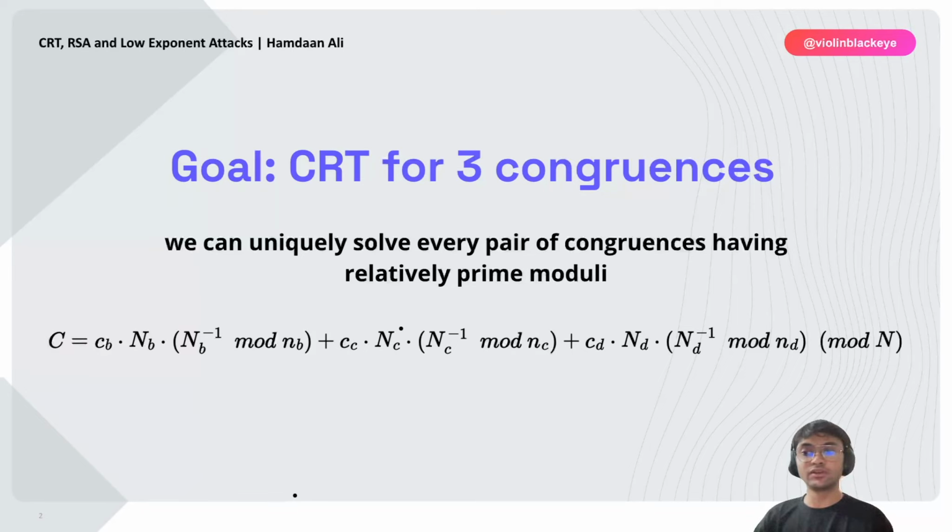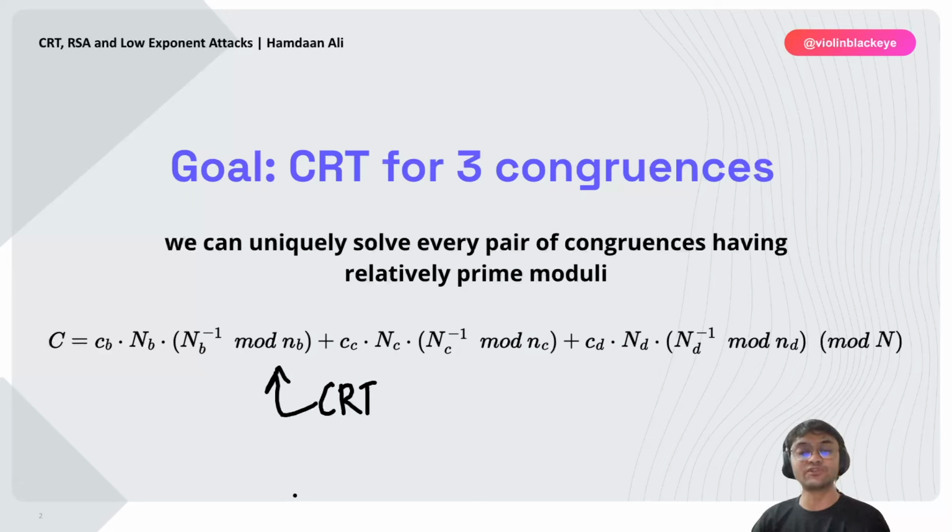Before we dive any further, let me explain what you can expect out of this lesson. All the lessons in the next few sections are a build-up for Håstad's broadcast attack. Our goal here is to find a unique solution of a system of three congruencies, and in lieu of which we will remodel the CRT theorem into the expression you see right here.